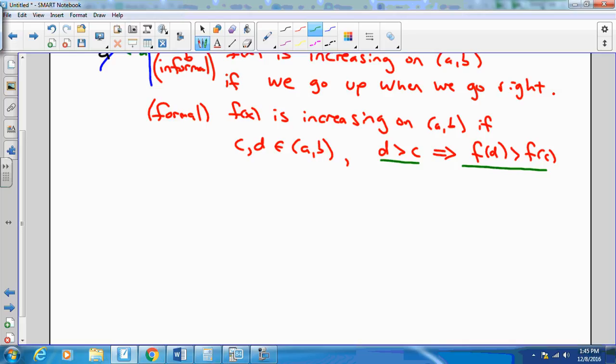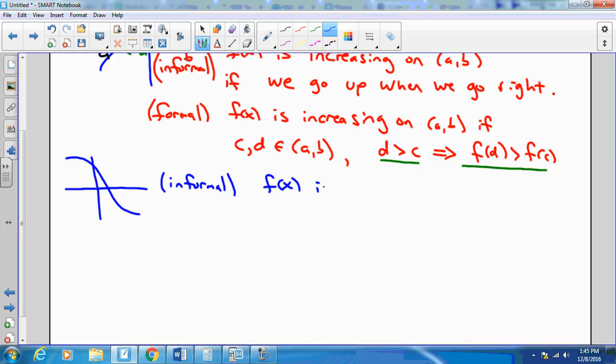Well, it's not going to be too much of a surprise that we're going to define decreasing in a similar way. Informally, we're going to say that f of x is decreasing on the interval a to b if we go which way?